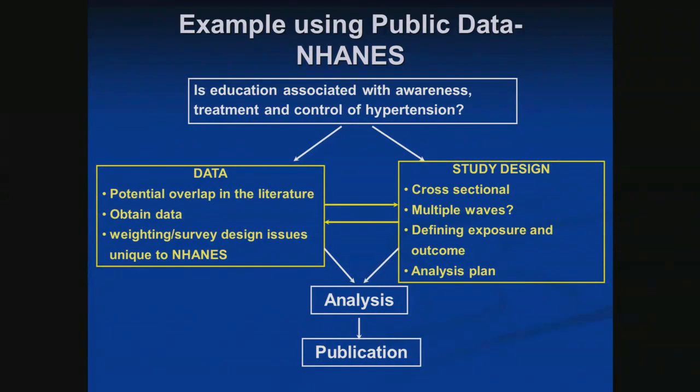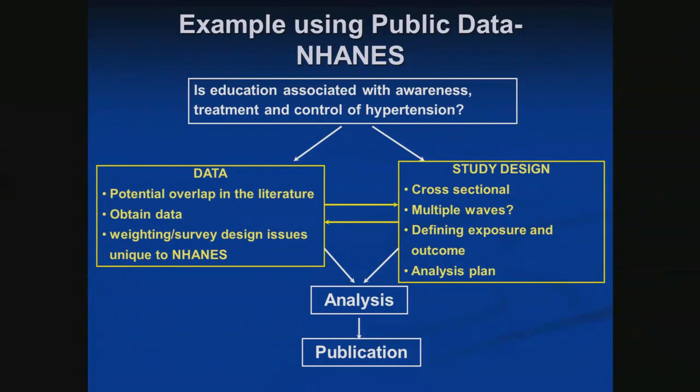Is there potential overlap? Has someone looked at this in NHANES? There have been a lot of papers on education and hypertension in NHANES, but no one really looked at awareness, treatment, and control, so management of hypertension. So I thought this would be interesting. Obtaining the data was relatively easy. It was something I could do right away off the website.